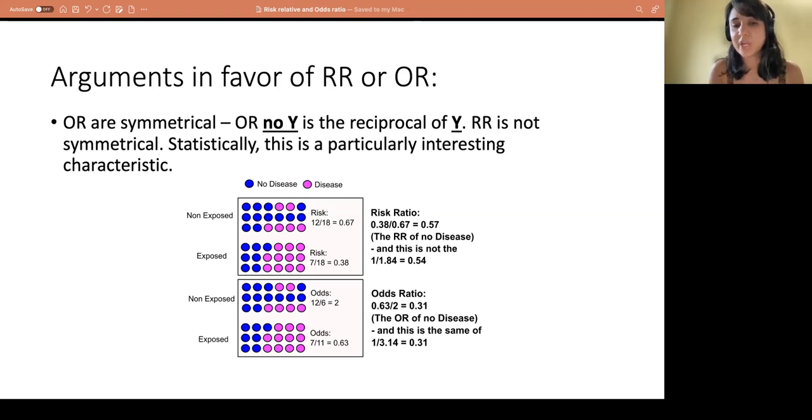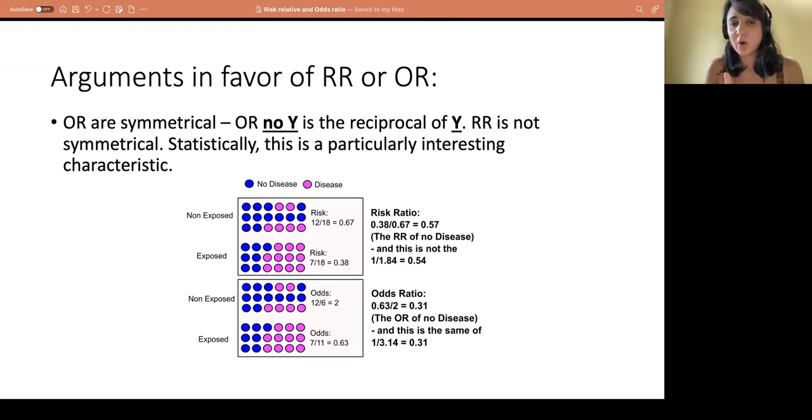In the exposed group, the odds for not developing the disease is 7, again the numerator is the same, divided by 11, the number of patients that did develop the disease. And in the non-exposed group, the odds is 12 divided by 6. So in this case, 2.